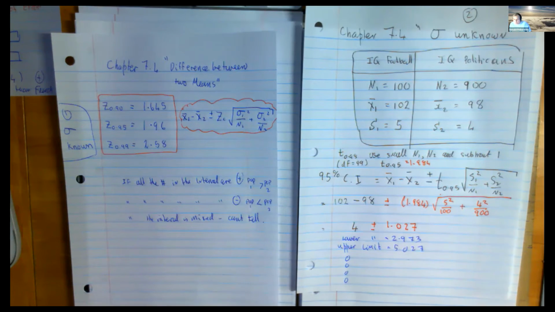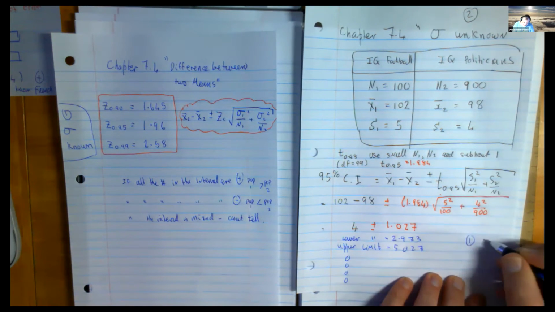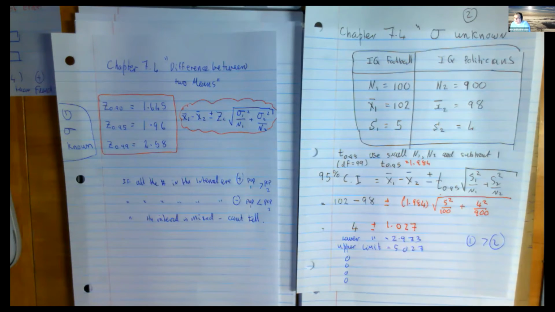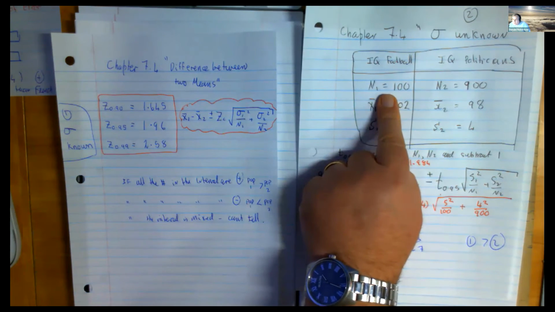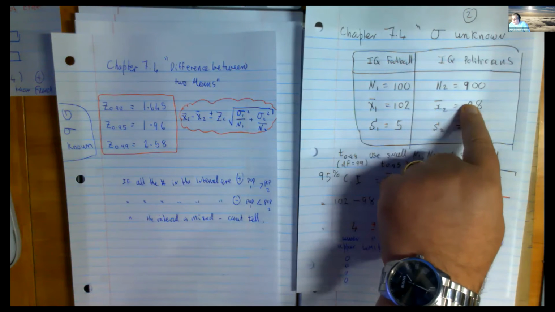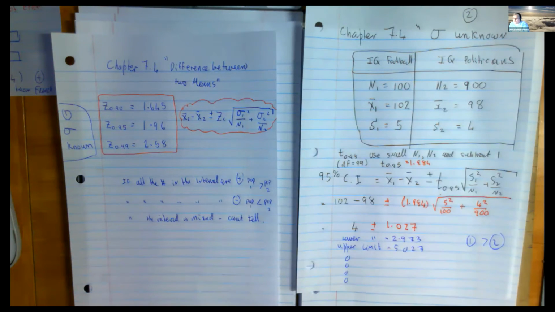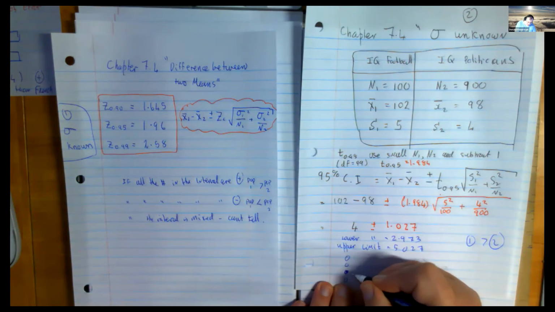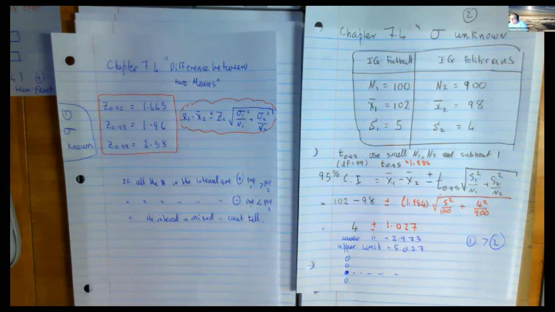So the difference is positive, means the first thing is bigger than the second. So the IQ of football players, the first thing, is bigger than the IQ of the second guys. And you pick it. I'm seeing some nods.